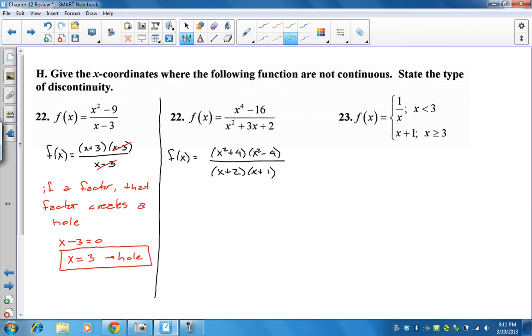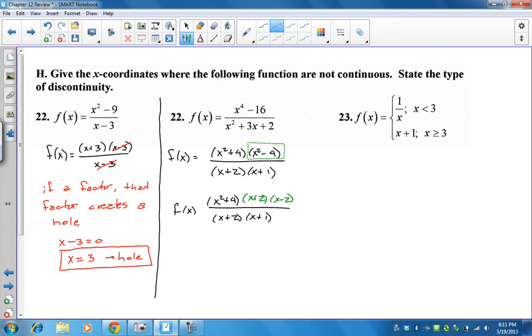On top, I notice I have x squared minus 4, which will continue factoring into x plus 2, x minus 2. It's a difference of squares. X squared plus 4 does not factor at all. You cannot factor a sum of squares. And then x plus 2, x plus 1 on bottom is already cleaned up as far as it can be.